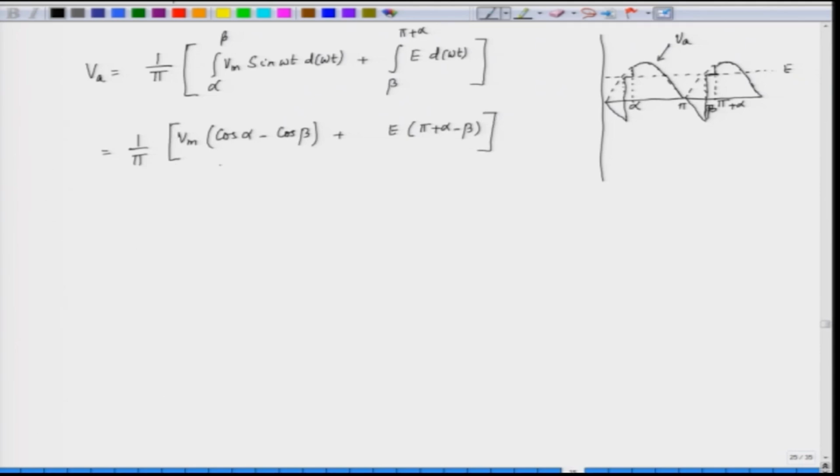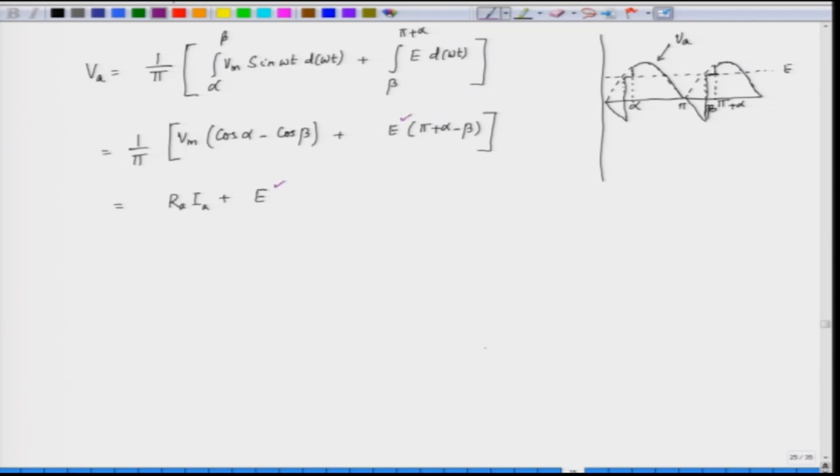Now, this is our armature voltage. This has to be equal to the resistance drop plus the back EMF. The back EMF is E. So, we have the back EMF in two places, one here and also one on the left hand side.